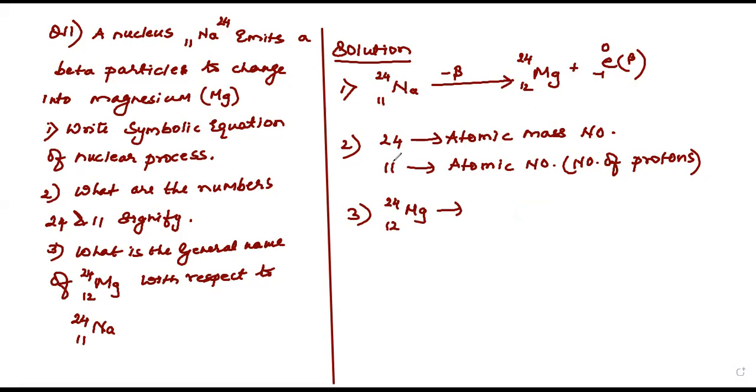Okay, please pay attention here. 24Mg is the daughter nuclide. And this sodium, please have a look, because they asked with respect to sodium, is called a parent nuclide. Okay, children. I hope everybody's understood this.